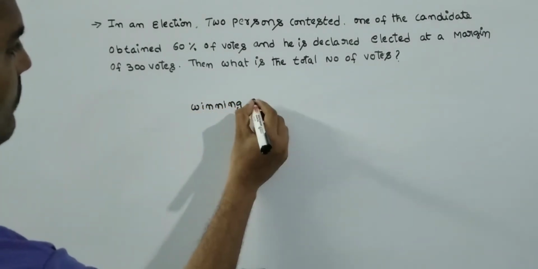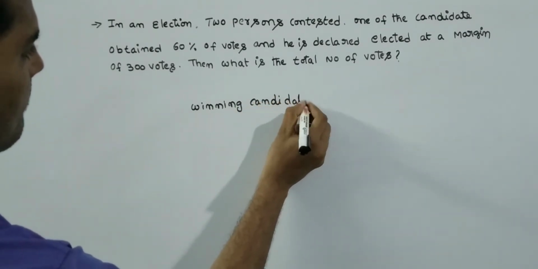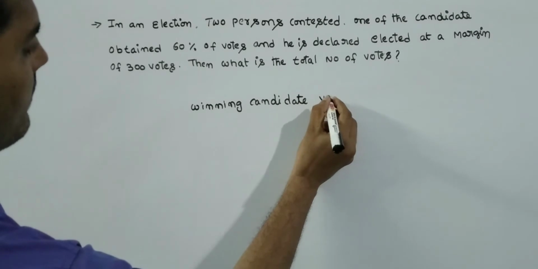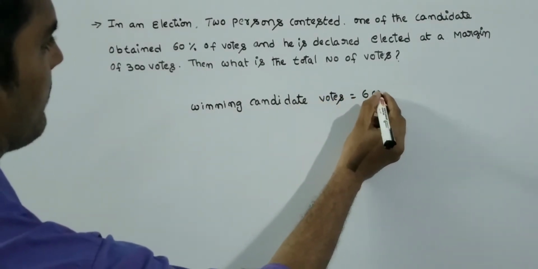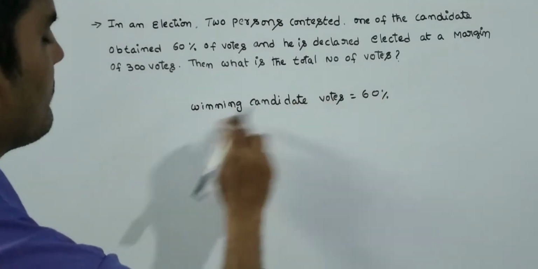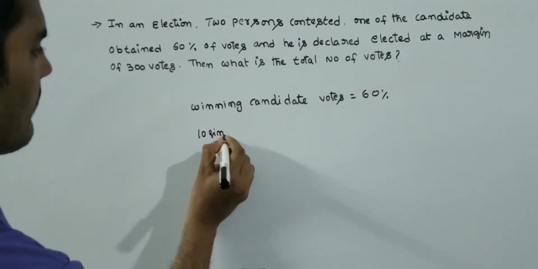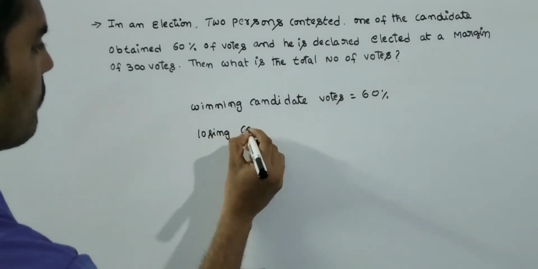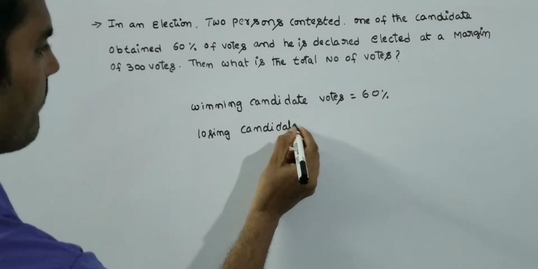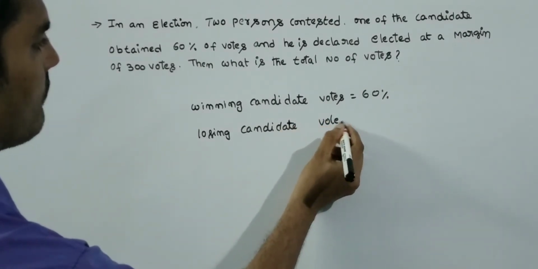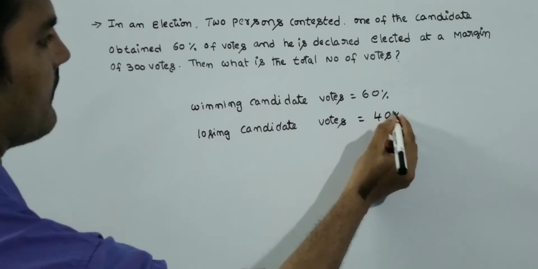Winning candidate votes equal 60%. This means the losing candidate will get how much? Losing candidate votes equal 40%.